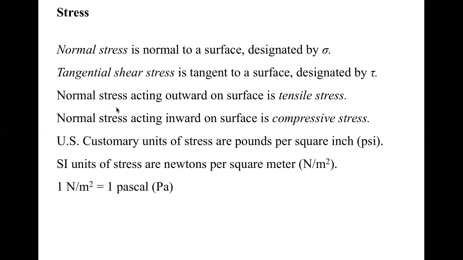If the normal stress acts outward on the surface, it is tensile stress. If the normal stress acts inward on the surface, it is compressive stress. Tensile stress we use as positive, and compressive stress we use as negative.